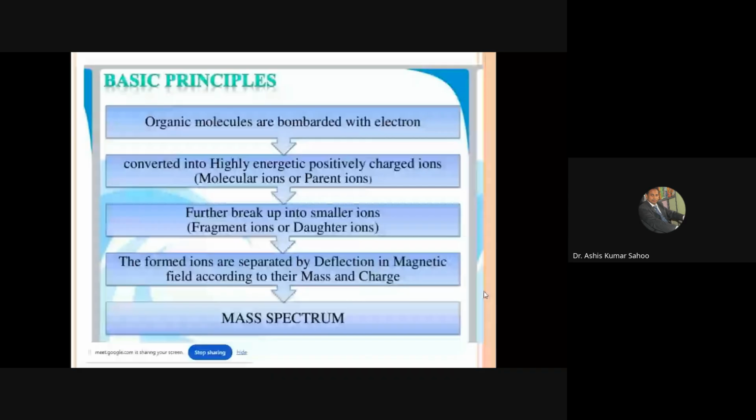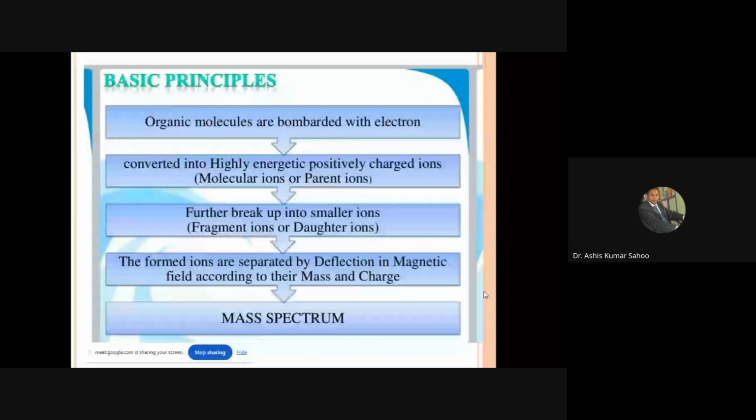That can be the molecular ion, the parent ion. Further, this will break into different smaller tracks or fragments. The ions are then separated by deflection in a magnetic field according to their mass.